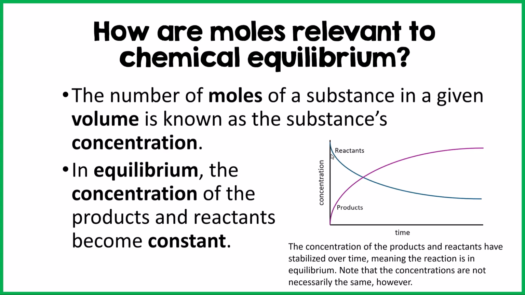So if we start with no products and all reactants, and then as the reaction occurs, there are more products and fewer reactants until at some point they stabilize and you get the same rate for the forward direction as you do for the opposite reaction, the reverse reaction. And so the reaction here is in equilibrium.